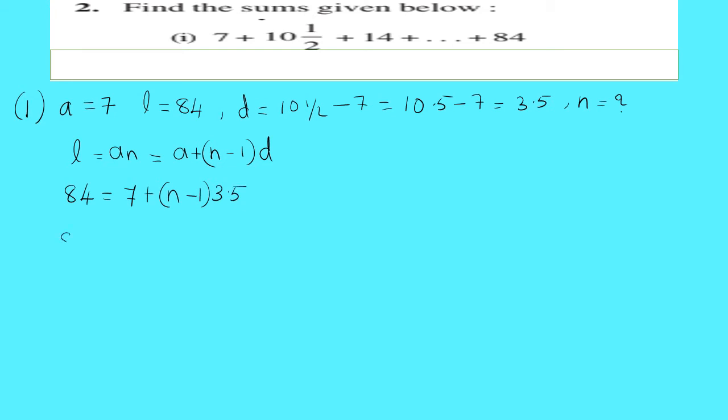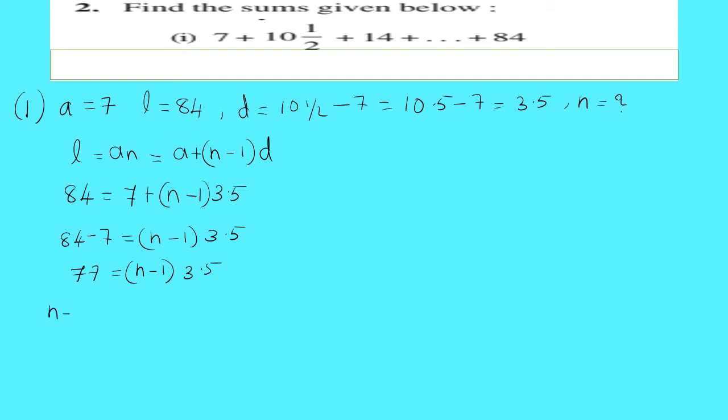That is 84 minus 7 equals n minus 1 multiplied by 3.5. 84 minus 7, that is 77, equals n minus 1 multiplied by 3.5.